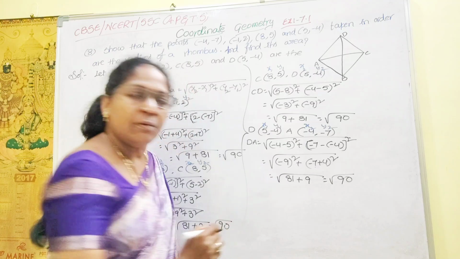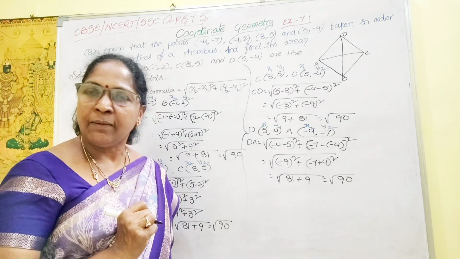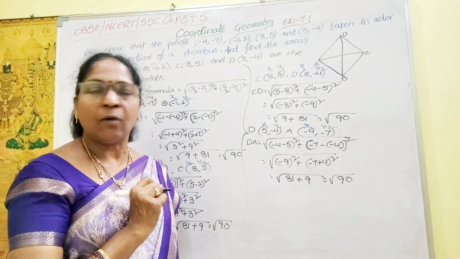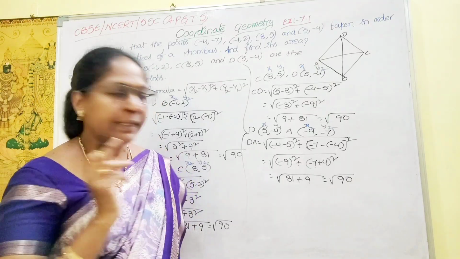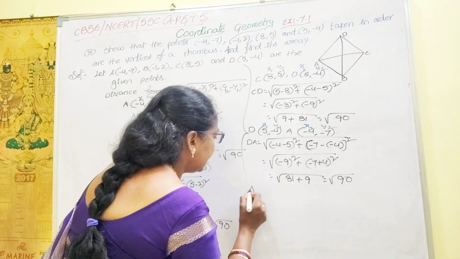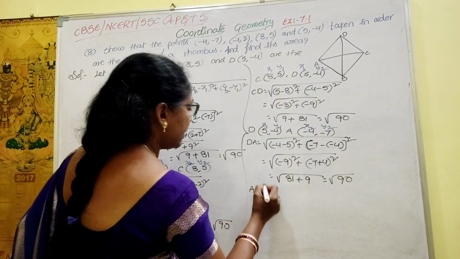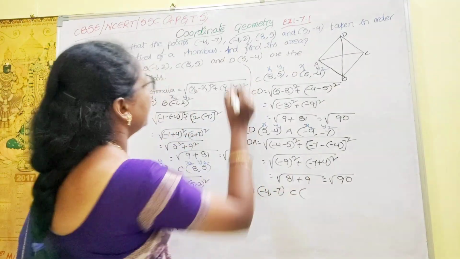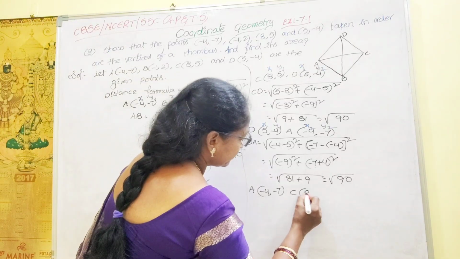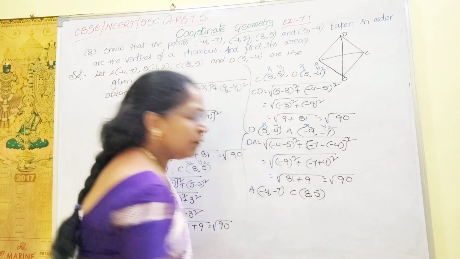So for the area, what do we have to find out? The diagonals of the rhombus. What are the diagonals of the rhombus here? AC and BD. So AC distance: again, consider A point (-4, -7) and C point, where C equals (8, 5).